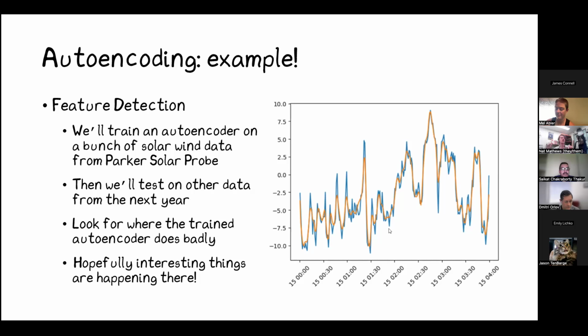Then we're going to run that autoencoder on testing data from another, disjoint time interval from the same spacecraft, from Parker. We're going to look for places where the autoencoder does badly and doesn't reproduce the data very well, and we're going to hope that there are interesting things happening in those places. So we're going to try to detect interesting moments to look at with Parker using an autoencoder.